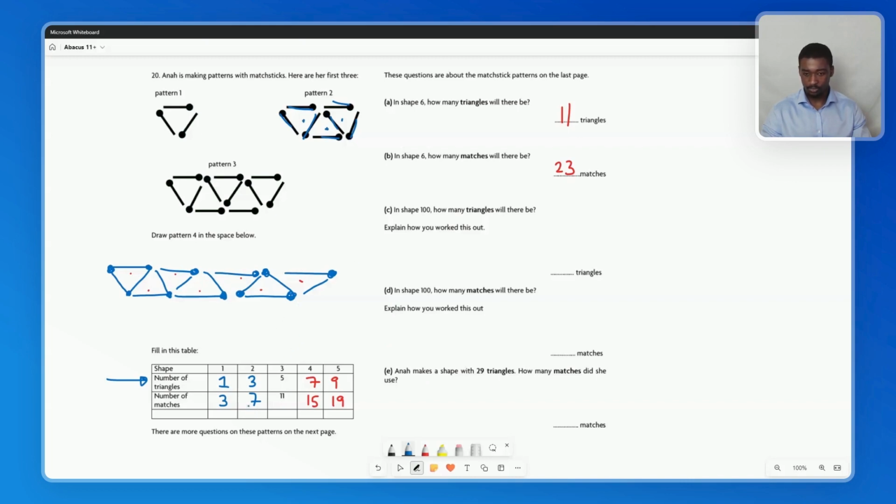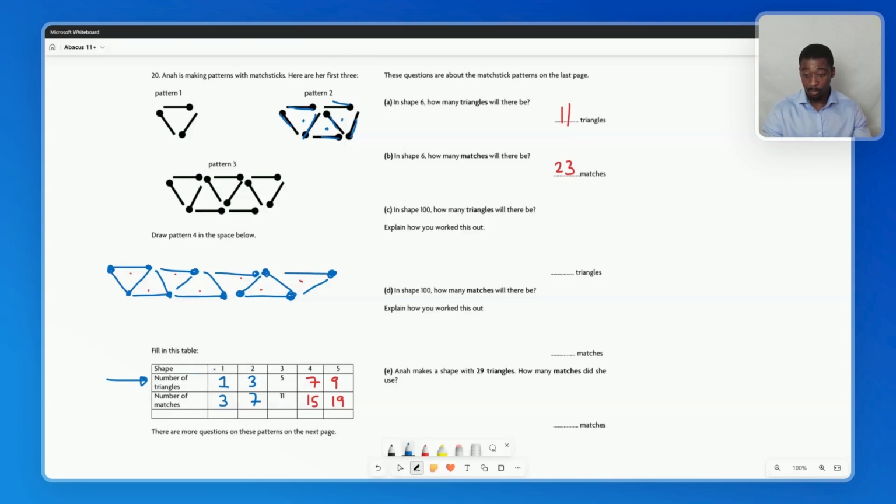How can we do this? Well, let's focus on triangles first, and then we'll build a formula for matches. Let's first look at the relationship between shapes, this row, and triangles. That's how we're going to build the formula, by looking at the relationship between those two things.